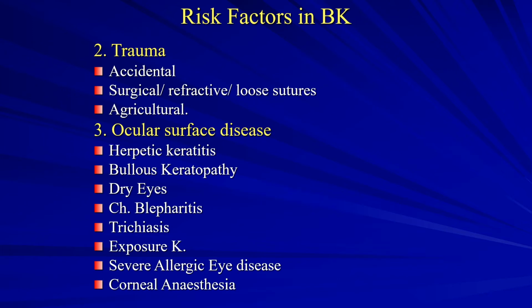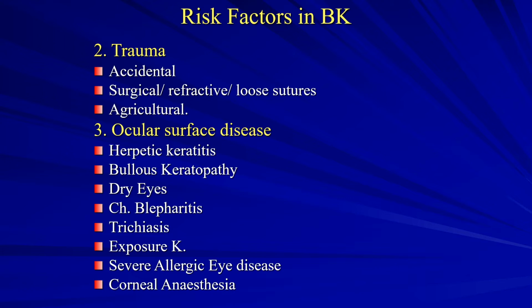Other risk factors in bacterial keratitis are trauma, which may be accidental, surgical, or during refractive surgery, and when there are loose sutures. Also, in cases of agricultural trauma, bacterial keratitis can occur.